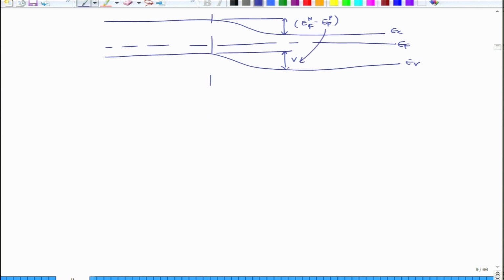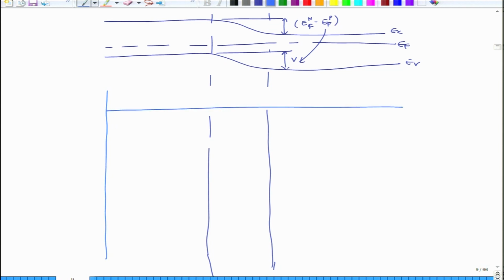So if you now plot various properties, let us say first we do the hole concentration, as a function of x. If I plot the hole concentration, it is like this. Of course, it is very small in this region, and it becomes very small, or zero in fact, in the depletion region.